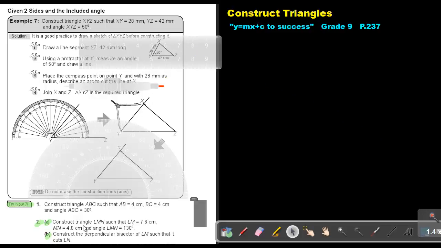Okay, so construct triangle LMN. So let's start. It's Try Now 7, and I'm going to do number 2, and we start with A. It's triangle LMN, so let's make a sketch.